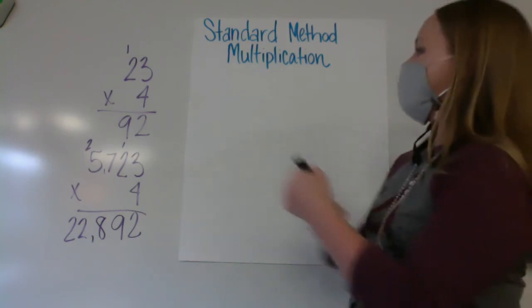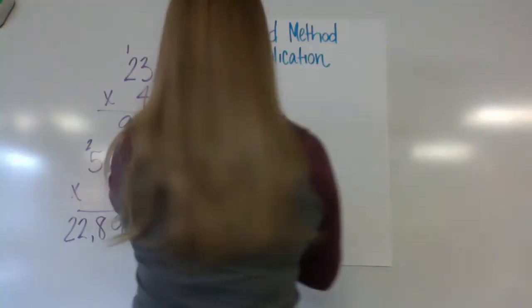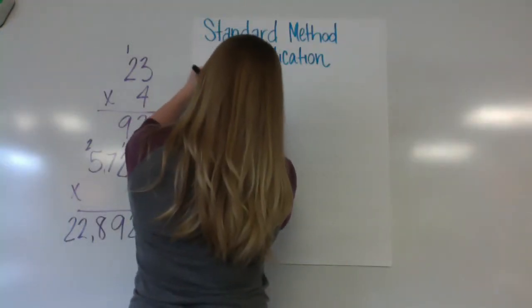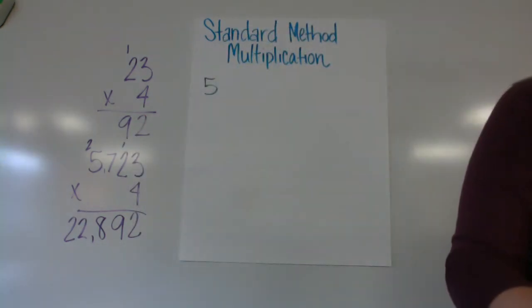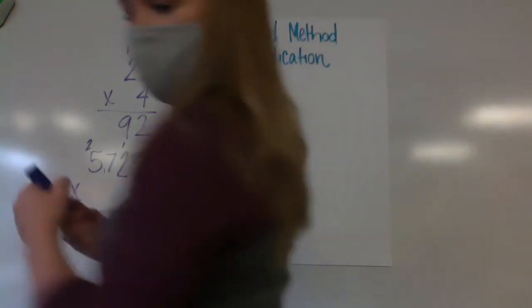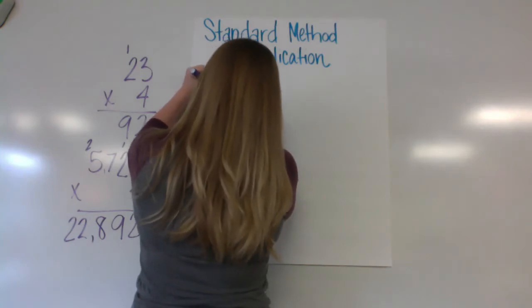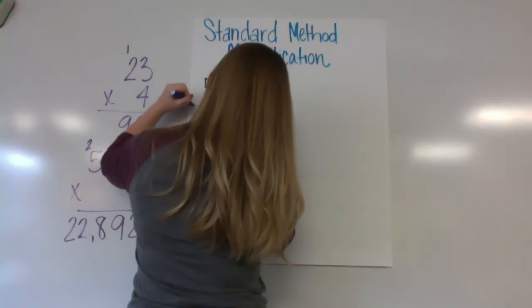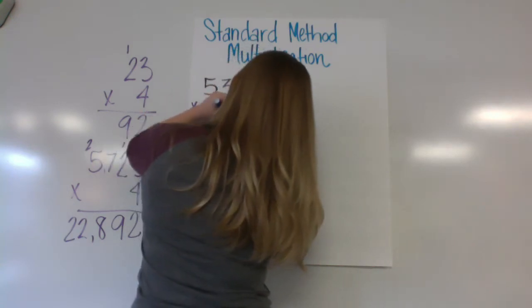Let's start off. We're going to write a 2-digit by 2-digit problem up here. Let's do 53 times 26.